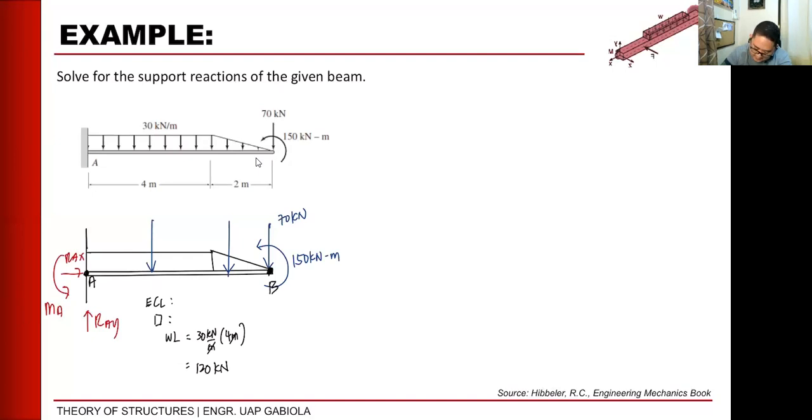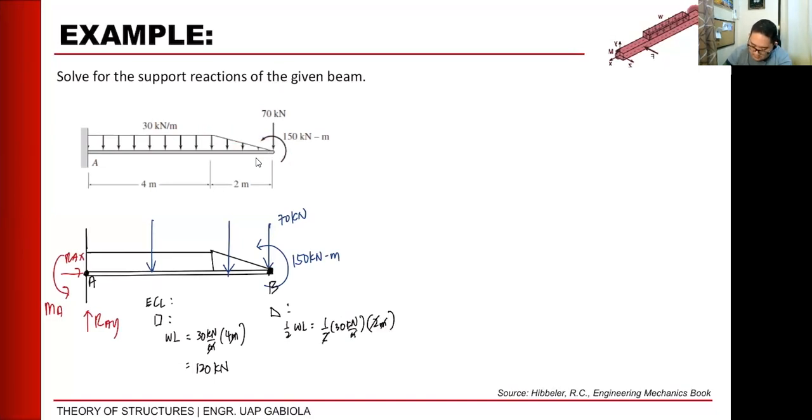Then for our triangular loading, we have 1/2 ng WL. That is 1/2 ng 30 kilonewton per meter times ano yung length ngayon ng triangular natin. So yung length ng triangular natin is base lang dito. Ito lang yung triangular natin. Okay? So that is 2 meters. Okay? So cancel yung meter.